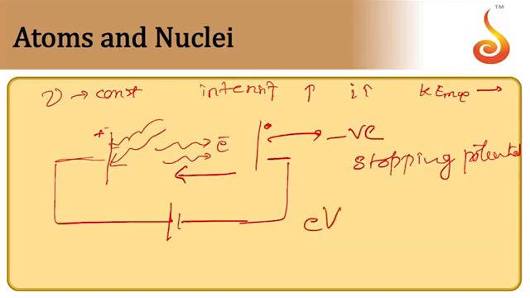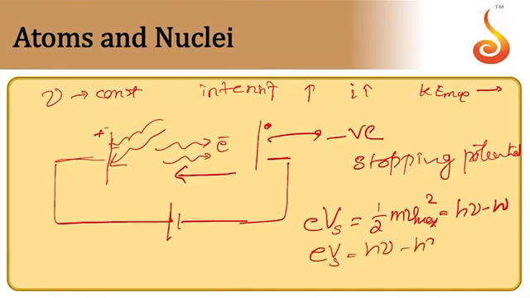Stopping potential, I call eV_s, is equal to maximum kinetic energy, and that must be equal to h nu minus W, or we can write this as eV_s is equal to h nu minus h nu naught, where nu is the frequency of the incident light and nu naught is the threshold frequency.